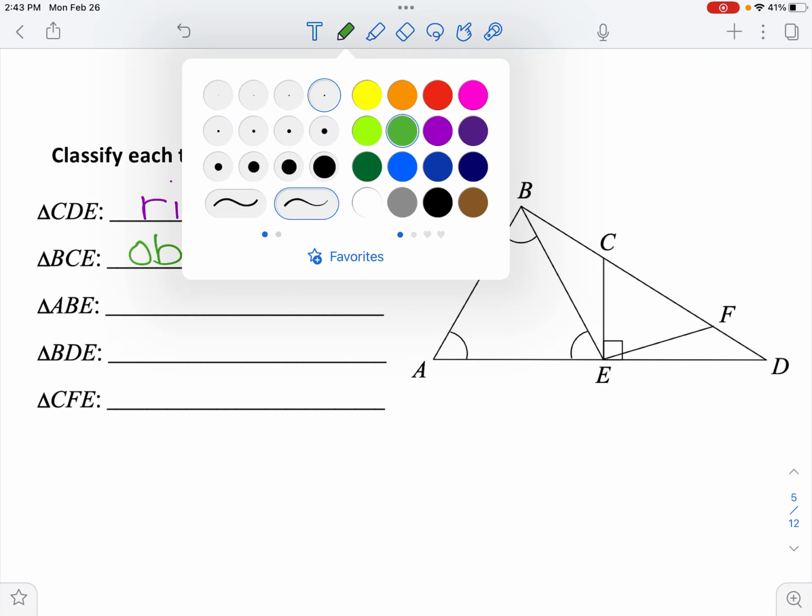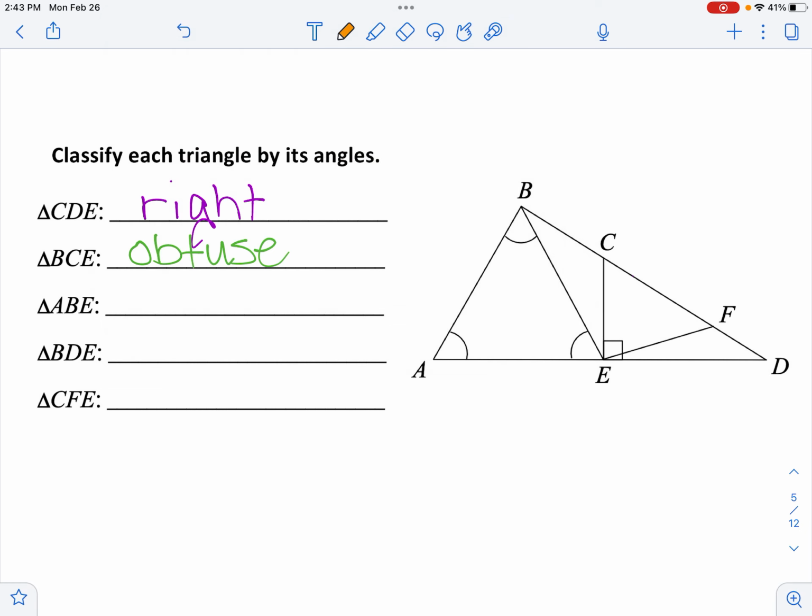Okay, A, B, E. You can see I have 3 angles that are congruent, so that makes this equiangular.